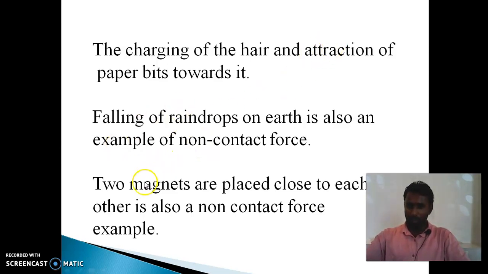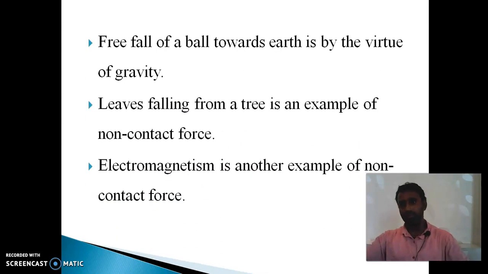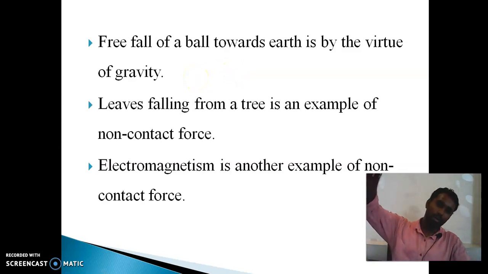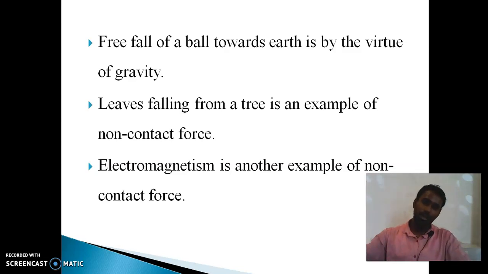The two magnets placed close to each other is also a non-contact force. I already said this, right? Anyway, the free fall of a ball towards the earth is by virtue of gravity. Free fall is nothing but taking one object and just leaving it, without considering any frictional force of the air.